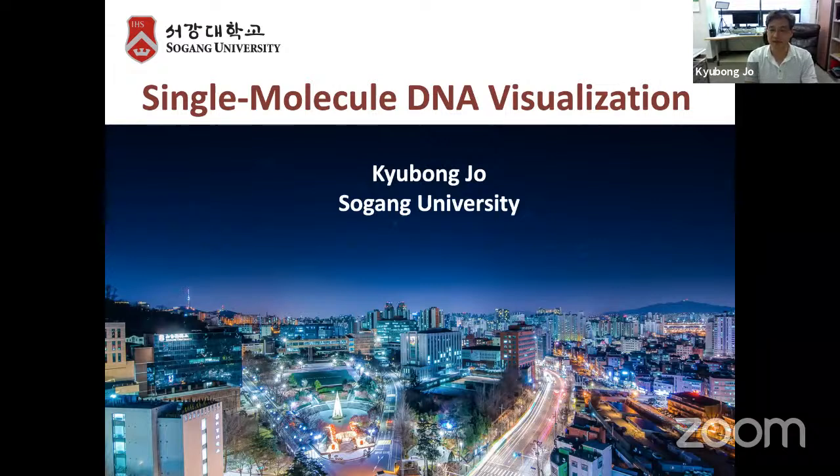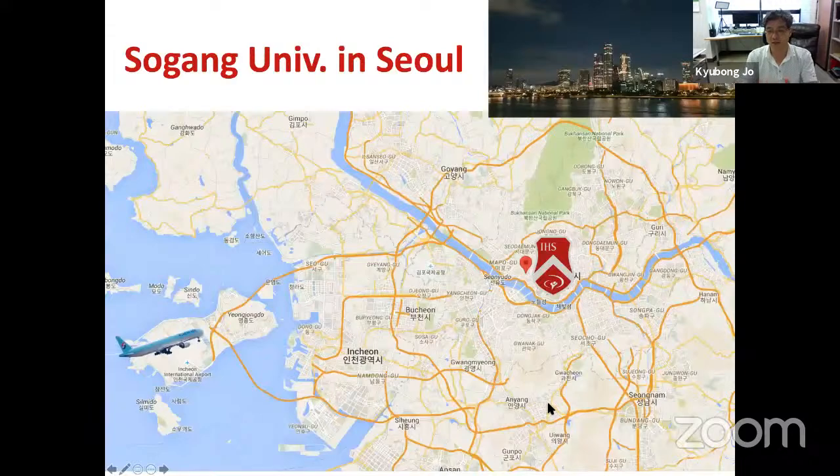The background image is my campus, Seoul University, and we are in downtown Seoul. This is a map of Seoul, and if you have visited Korea before, maybe you used Incheon International Airport on one of the islands, and then you can travel from here to the center of Seoul by this highway or some train.